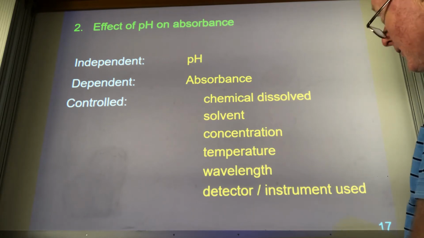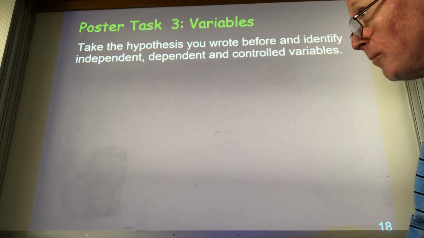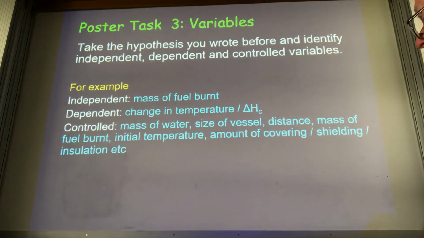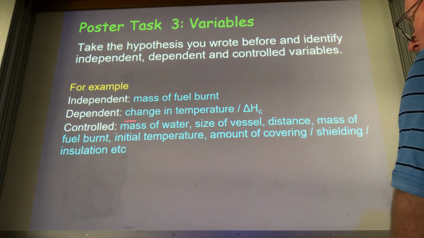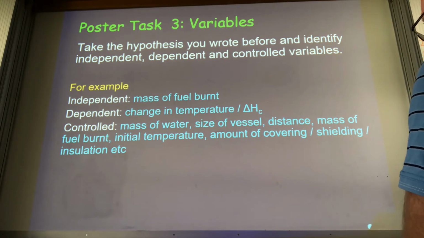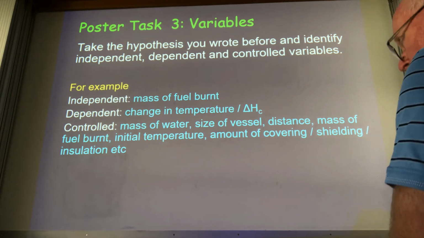So the independent variable is going to be the feature of your hypothesis. Dependent variable, what you're measuring. Now in my example of the mass of fuel burnt, that's the independent variable. Dependent variable is the change in temperature, which leads on to the calculation of the heat of combustion.